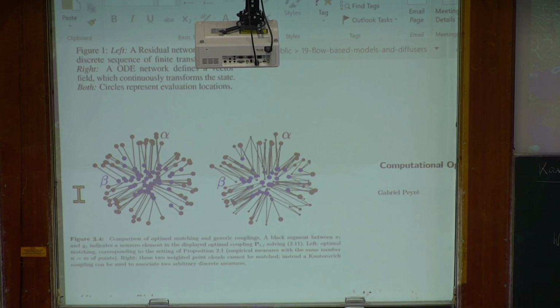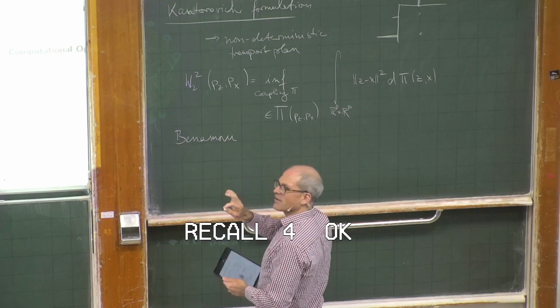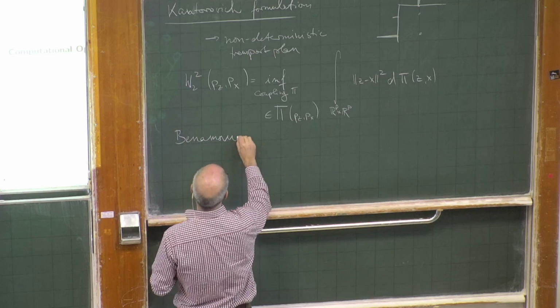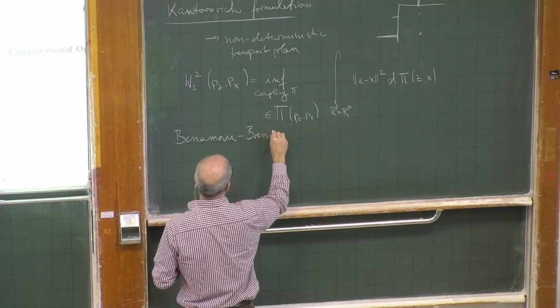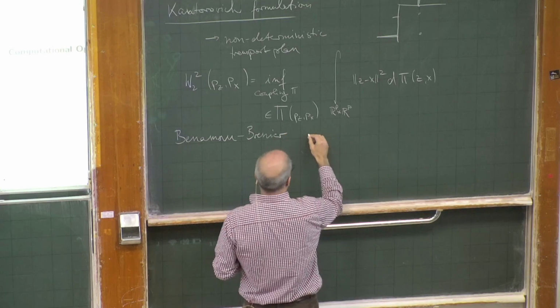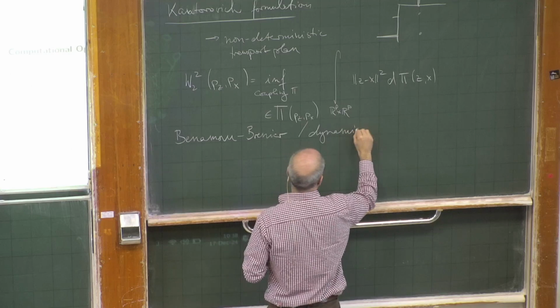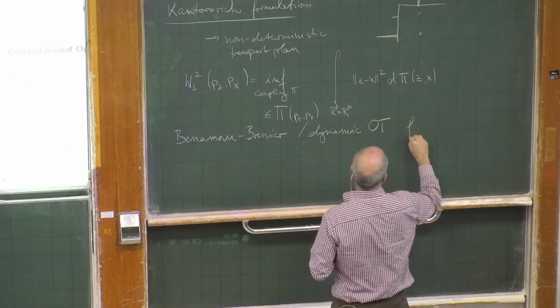And this Benamou-Brenier formulation, or dynamic optimal transport formulation, looks at the velocity of, or at the kinetic energy of my entire probability mass and minimizes that. So Benamou-Brenier, also known as dynamic optimal transport formulation.